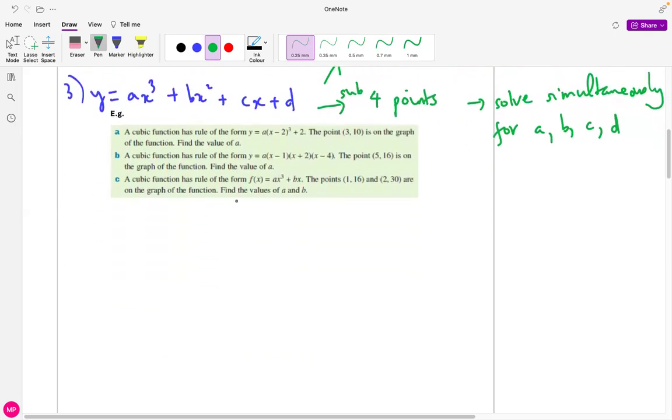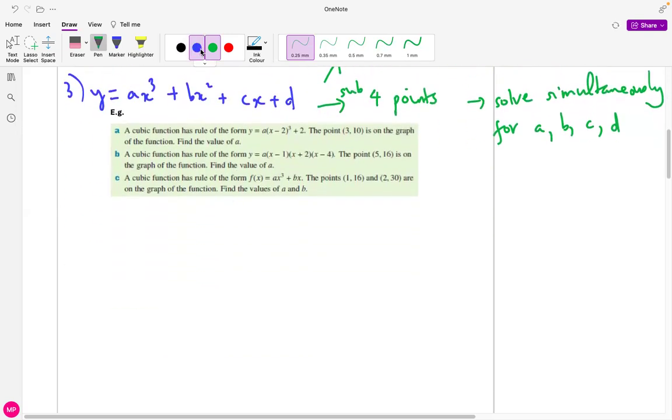Now let's work on some examples together. Example: a cubic function has this rule, which you can see is in the turning point form. The point (3, 10) lies on the graph. Find the value of a. They already give me the turning point (2, 2) and another point, so all I do is substitute in 3 for x and 10 for y, then I can find a.